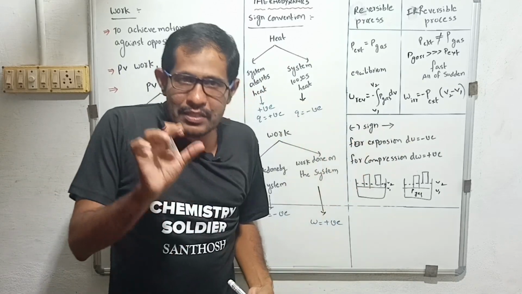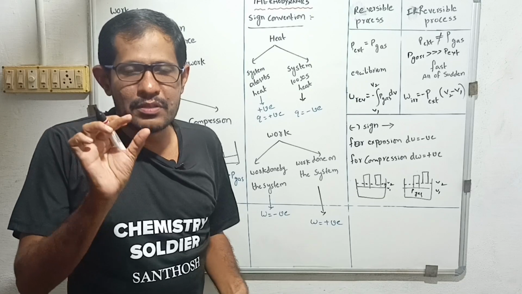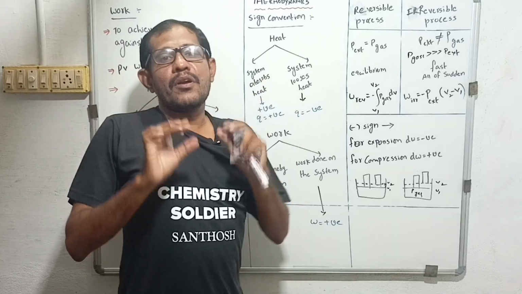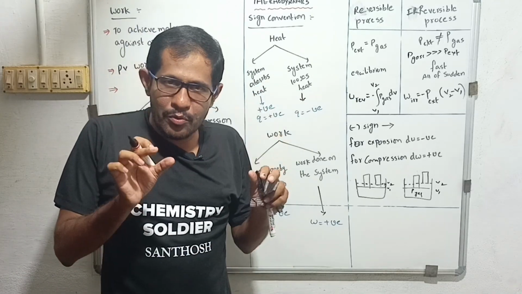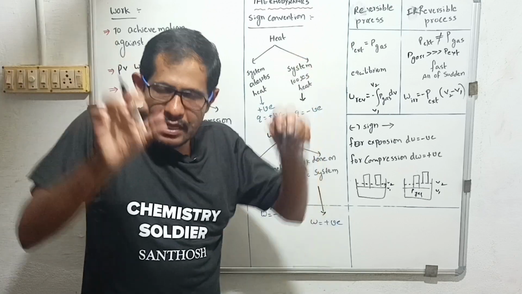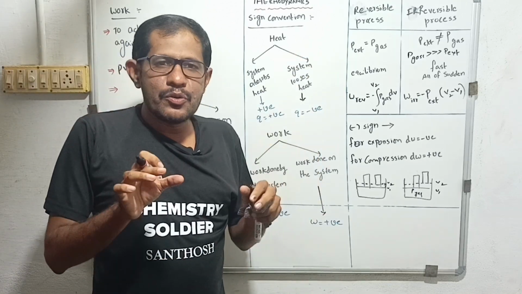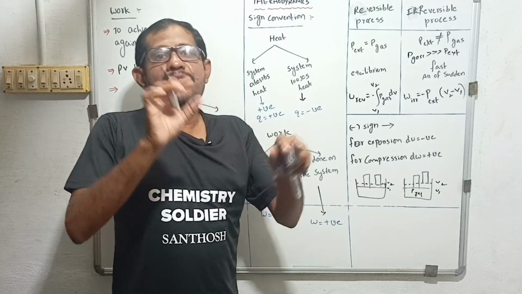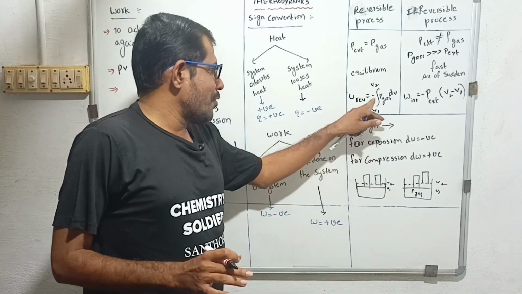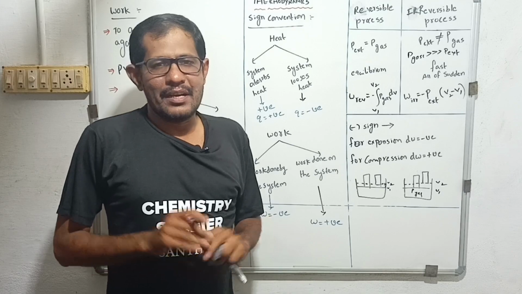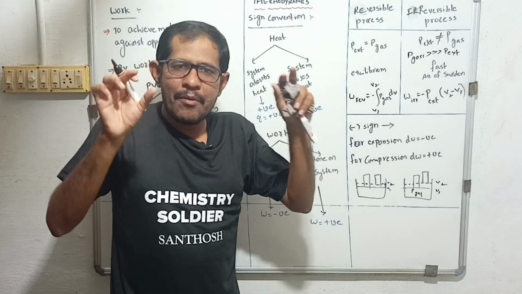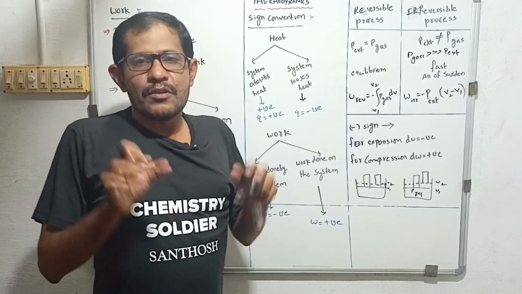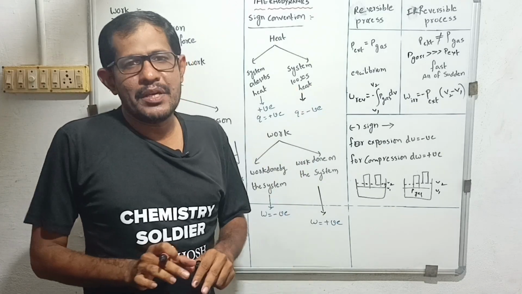A reversible process happens in an infinite number of steps, so we need to add those infinite number of steps. That's why we are doing integration over here. I repeat, a reversible process happens in infinite steps, so for that we need to do the summation.